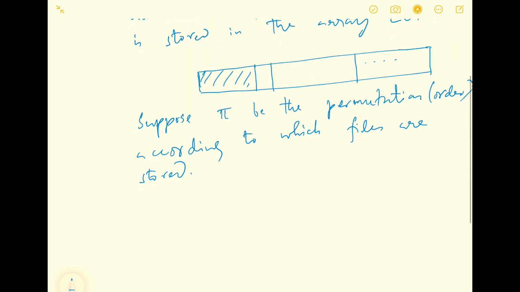Okay, and what is the cost of accessing the kth file? So suppose this is pi 1, this is pi 2, and so on.